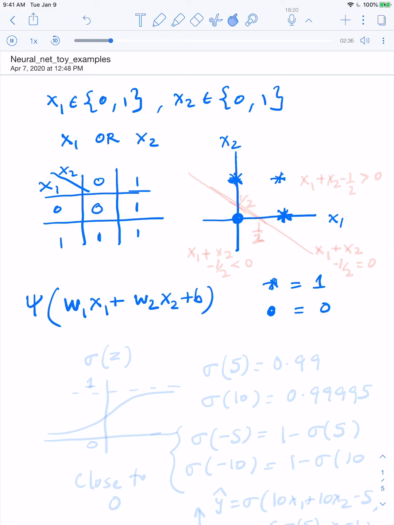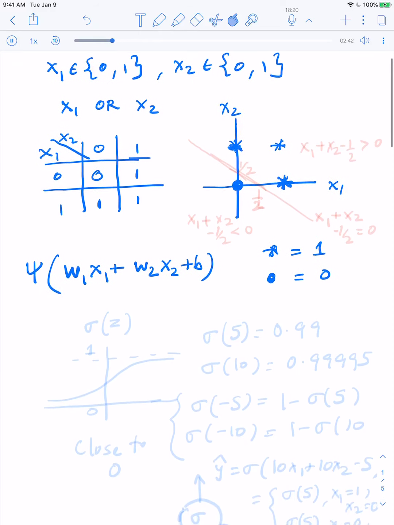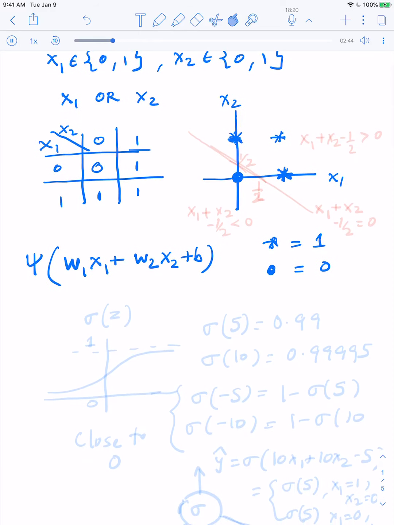That's what a single neuron can do. And if I want 0-1 decisions, it seems to make sense that I would choose this, and just a single neuron, if I can actually do it.